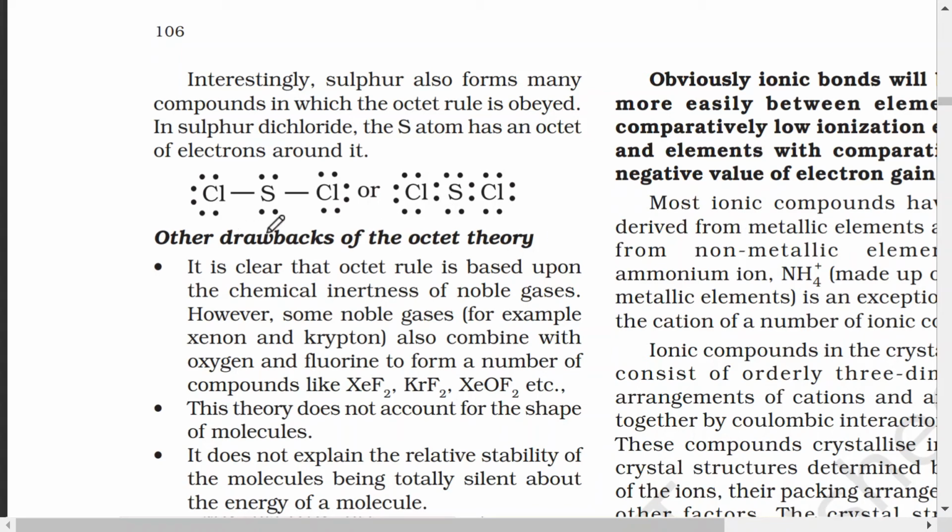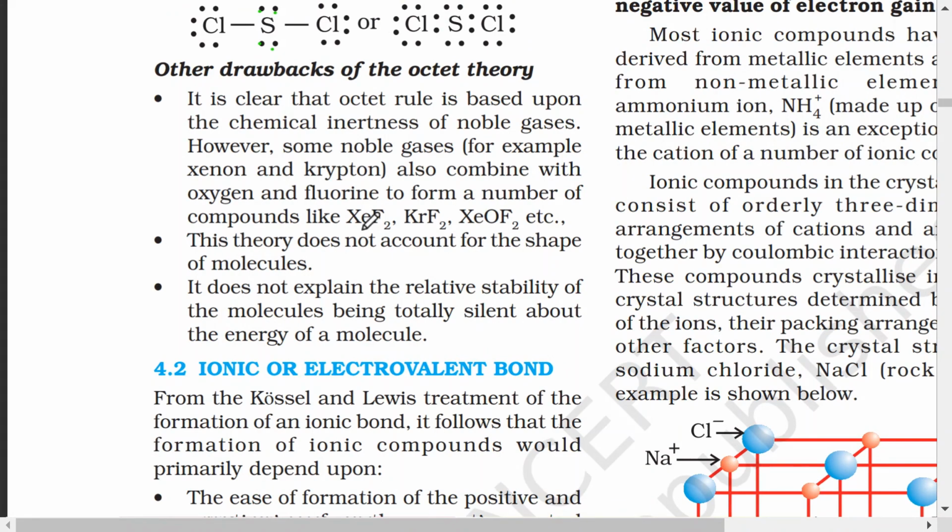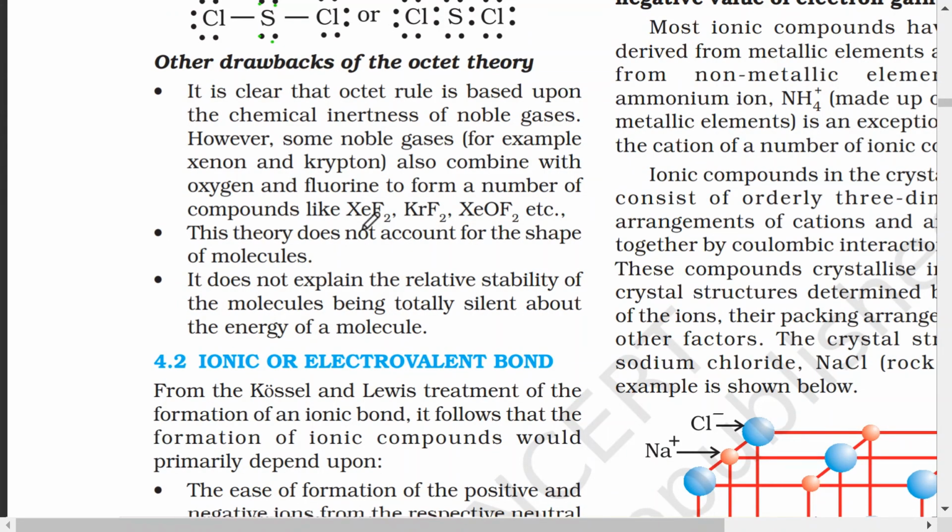But in this case, it is obeying, as in sulfur dichloride, SCl2. 1, 2, 3, 4, 5, 6, 7, 8, 8 electrons. So therefore it is following the octet rule, right?